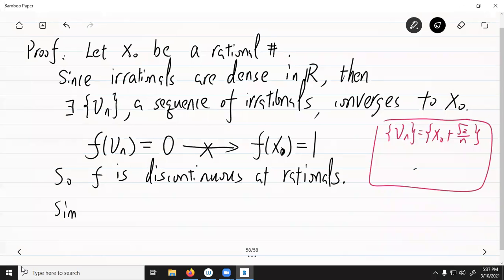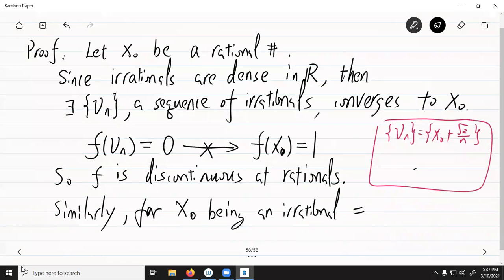similarly for the case that x naught is an irrational number. So what does the similar way mean? You can use a very similar way, just change to the opposite.